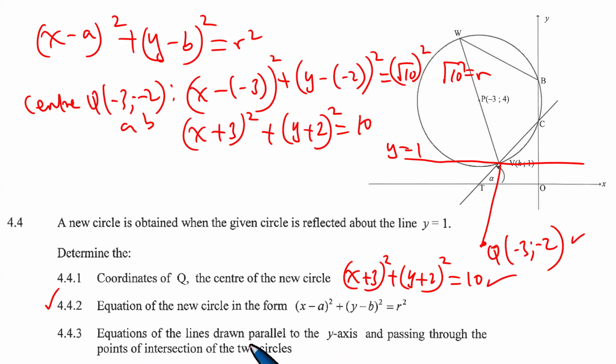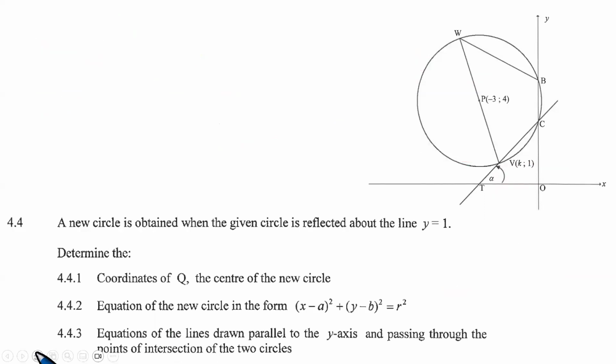Now we continue to look at 4.3. Right, in 4.3, we're looking at the equations of the lines drawn parallel to the y-axis and passing through the points of intersection of the two circles. Equations of the lines drawn parallel to the y-axis.